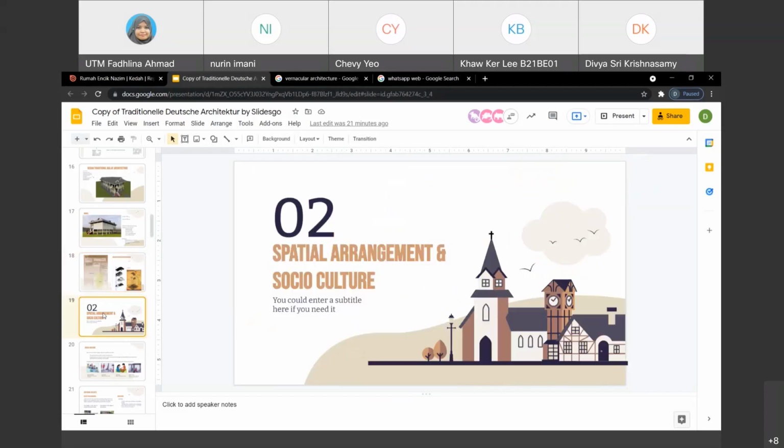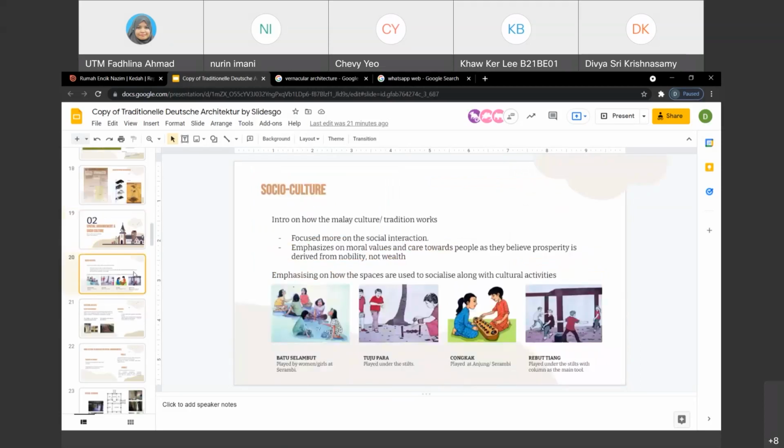Alright. Okay, so I'll talk about the spatial arrangement and also socioculture. About socioculture, in this house I'm going to focus on the mixture of social and also cultural activities in the house. First of all, it's going to be the intro on how the Malay culture or tradition works.